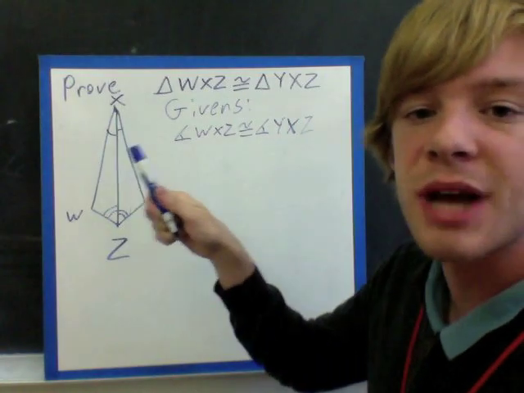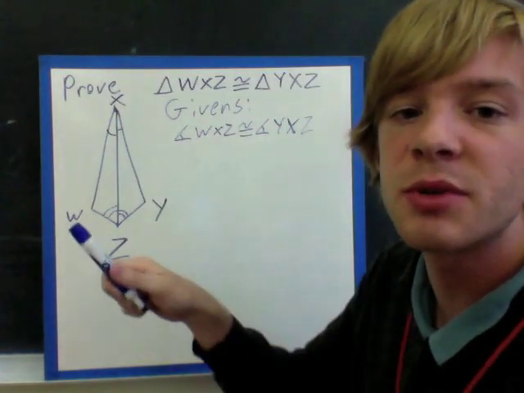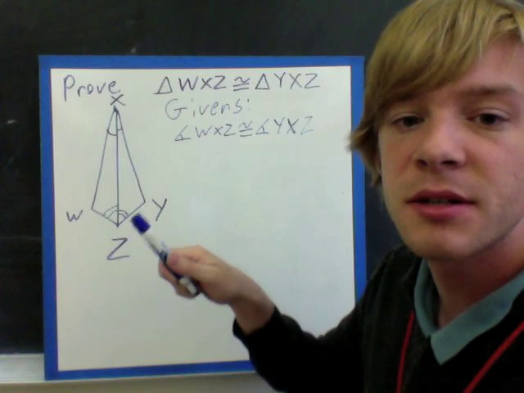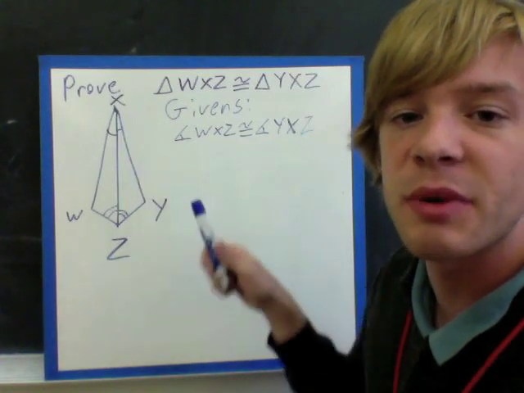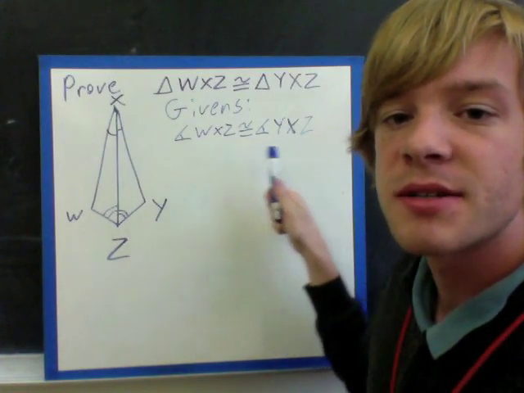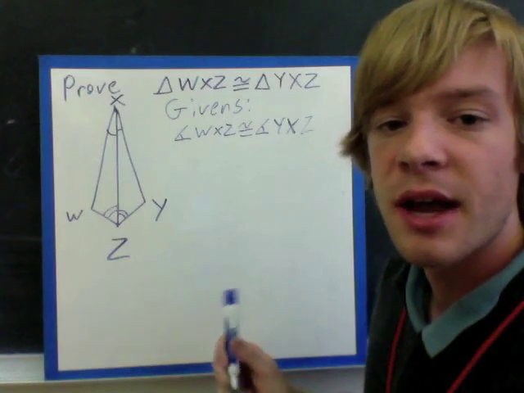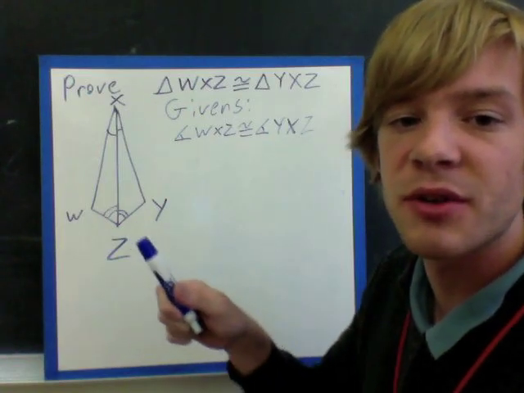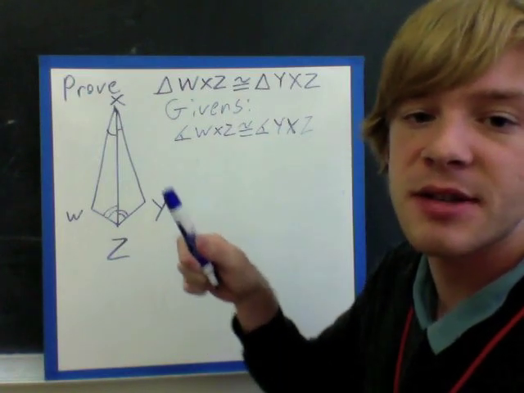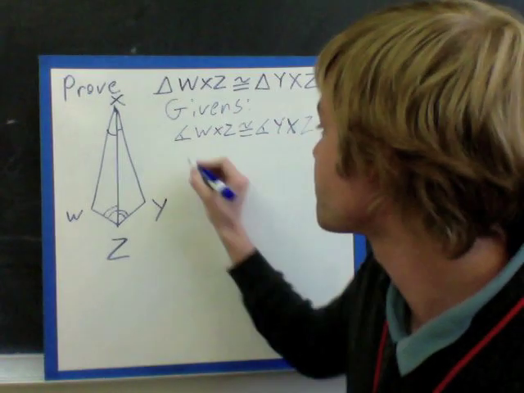So that means those top two angles are congruent there because we have WXZ and YXZ. Remember, the middle letter says where the angles are, and then we have these bottom two angles there. So that would be WZX and YZX.